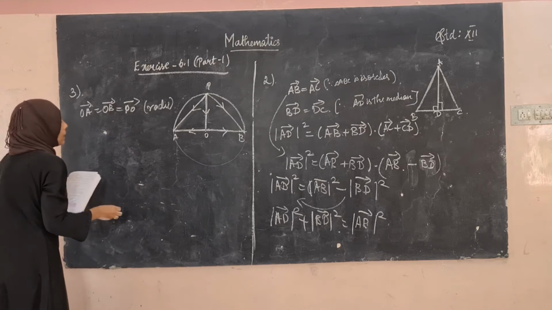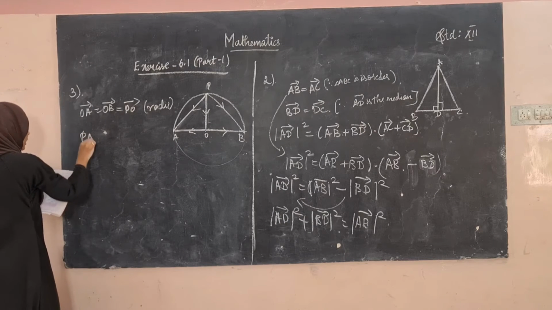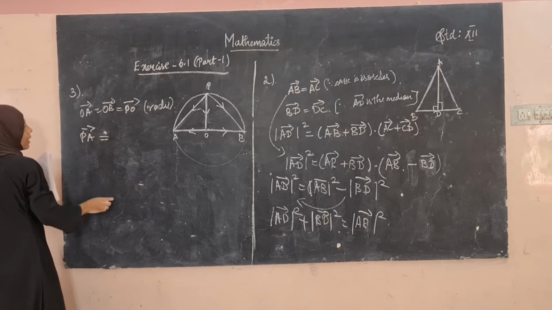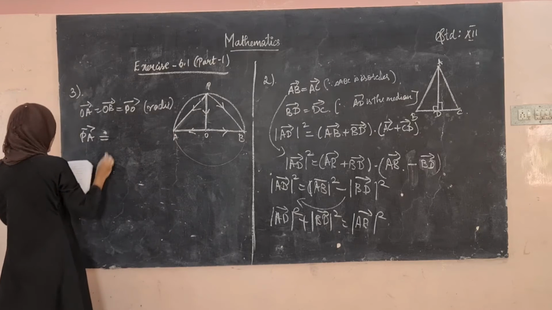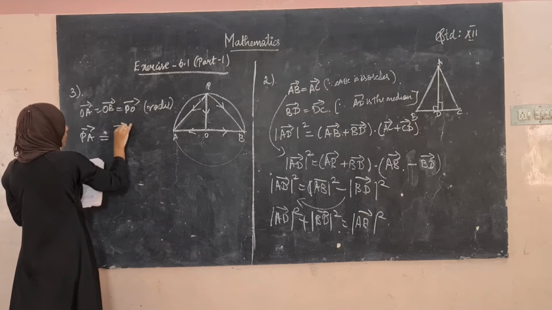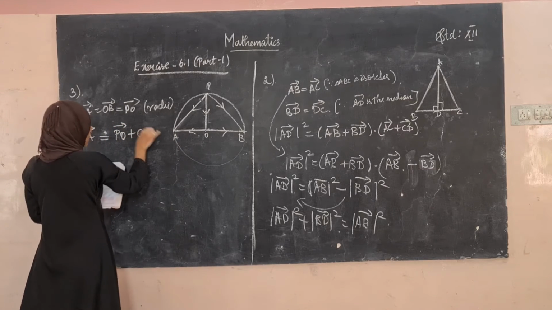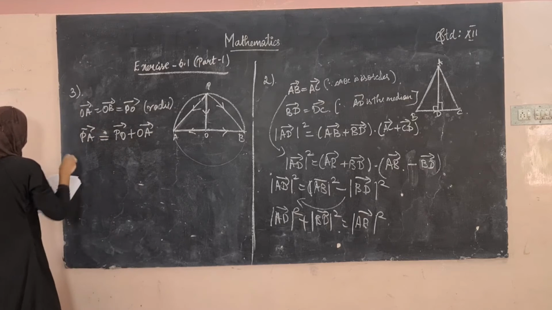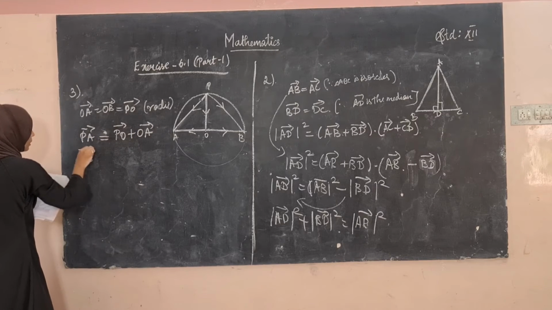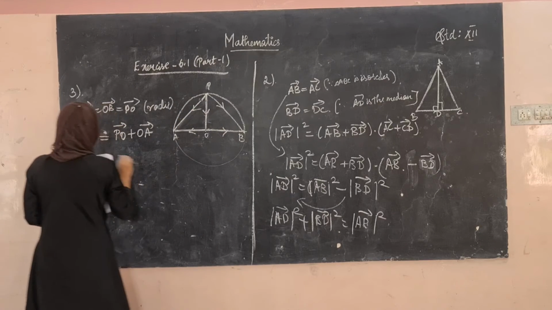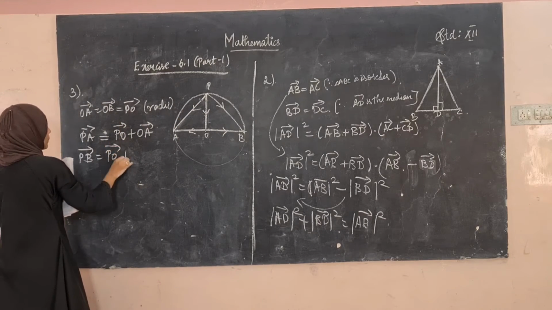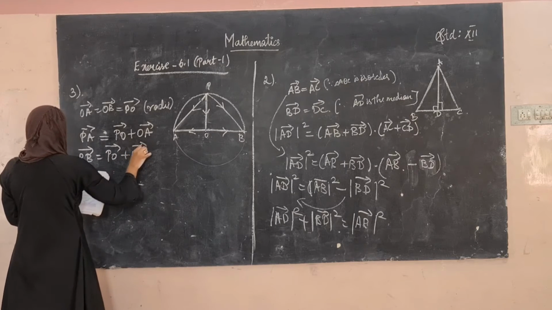Now let us find the value of PA vector. PA vector is equal to PO vector plus OA vector. And what is PB vector? PB vector can be written as PO vector plus OB vector.